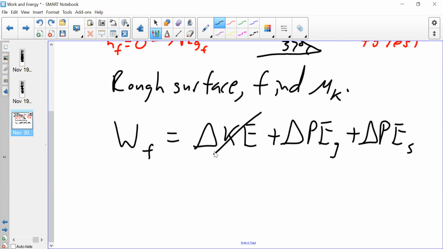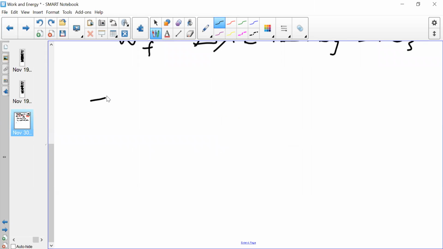Now, if the problem said it's still moving after 20 centimeters, then we'd have a final kinetic energy term, where the initial kinetic energy term would be 0, but the final would not be, because the block is still moving. But since it starts from rest and ends at rest, delta K is 0.